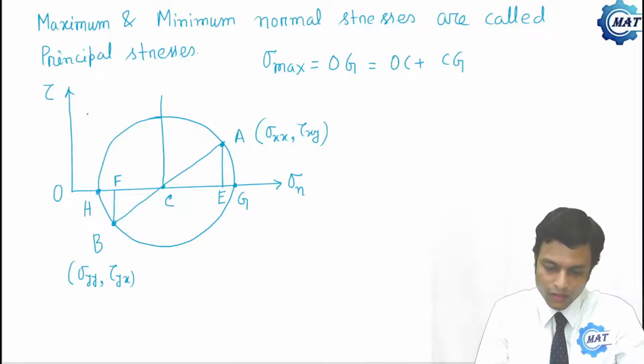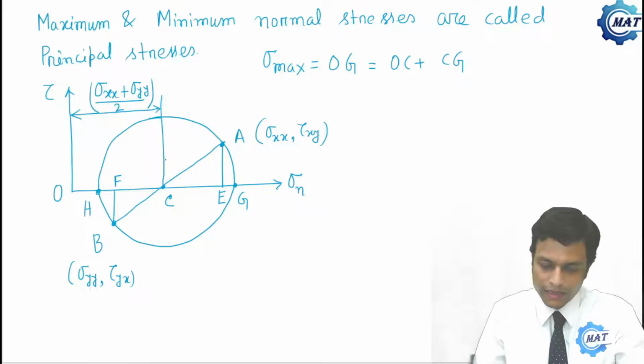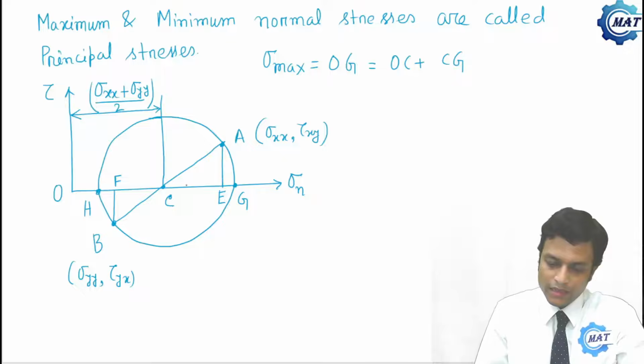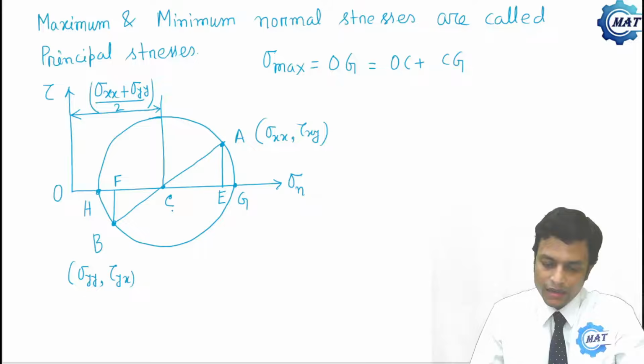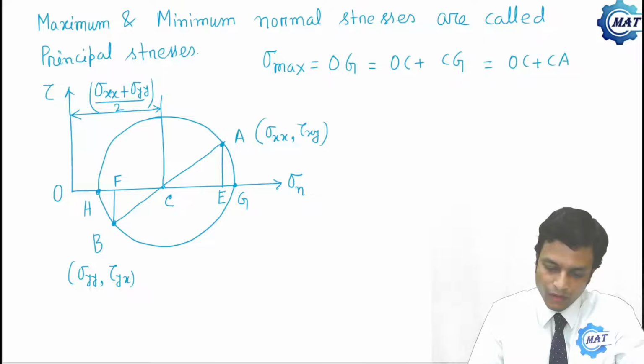OC, C is the center, and we know that is sigma average, which is sigma xx plus sigma yy by 2. And CG is the radius of the Mohr circle, that is also equal to CA.